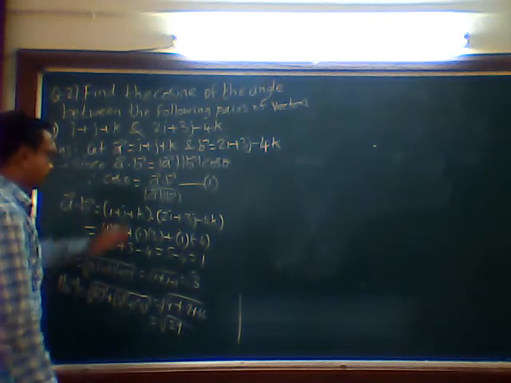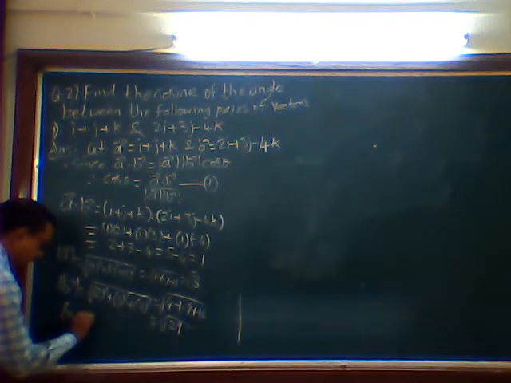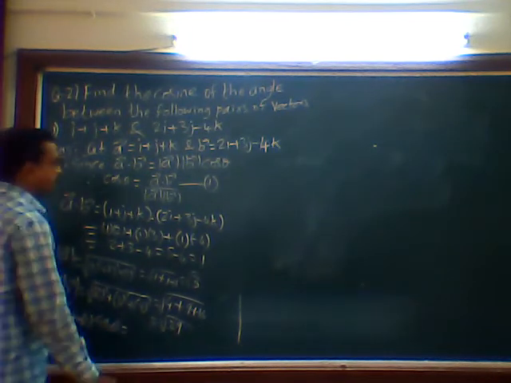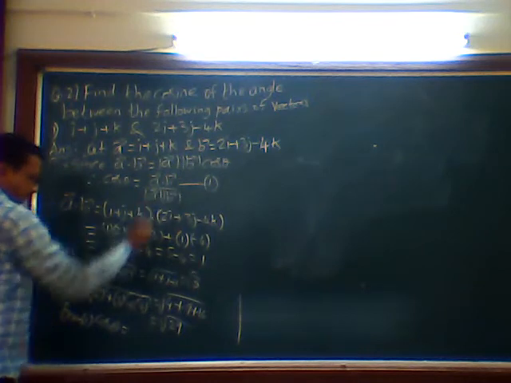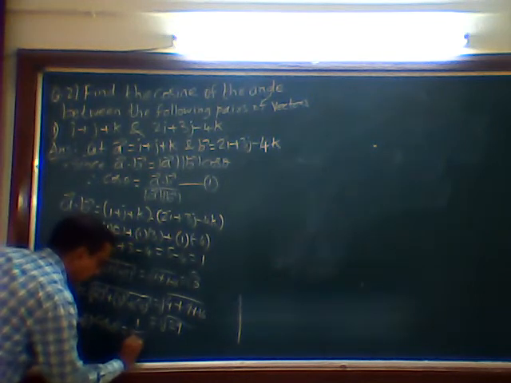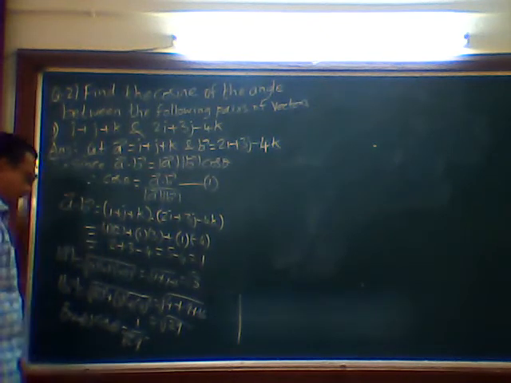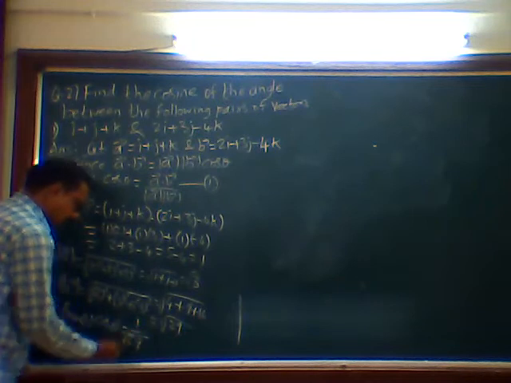Okay. Then from 1, cos theta is equal to, what is cos theta? 1 upon root 29 into root 3. This is done.